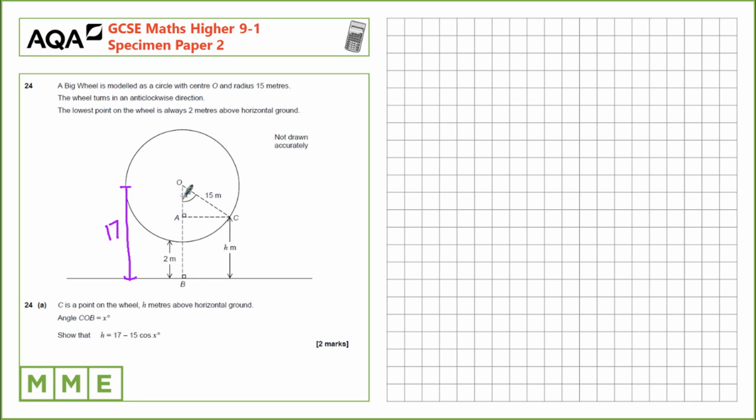If we want to calculate this length here, we're going to have to use trigonometry. We want this length, and we have this length here, that's the hypotenuse, and this related to x is the adjacent. So we need to think of which trig ratio includes that, and that's cosine. So we can write cos x equals adjacent over hypotenuse. In this case, we can call adjacent simply a, and the hypotenuse is 15.